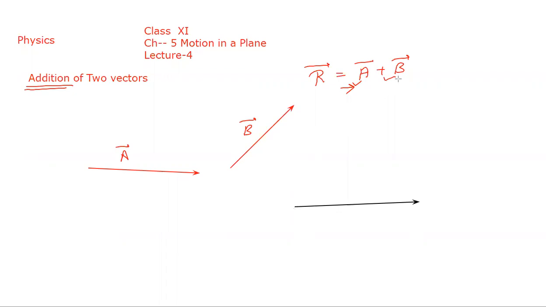Now what comes after A? That is B. So we put vector B's tail at the head of vector A. If we displace vector B's tail to vector A's head, the diagram will be like this.